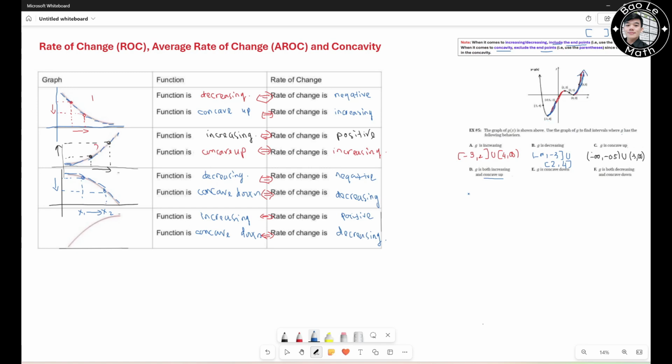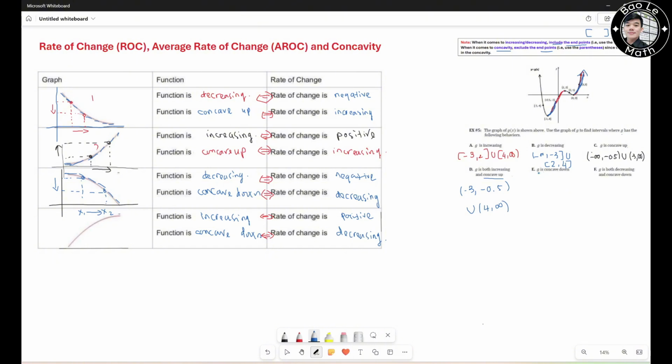Alright, so it could be negative 3, comma, negative 0.5, union 4 to infinity. Now, since the function is increasing, we can include the endpoint. But because the function is concave up or concave down, we need to exclude the endpoint, so we don't have the bracket in this situation.